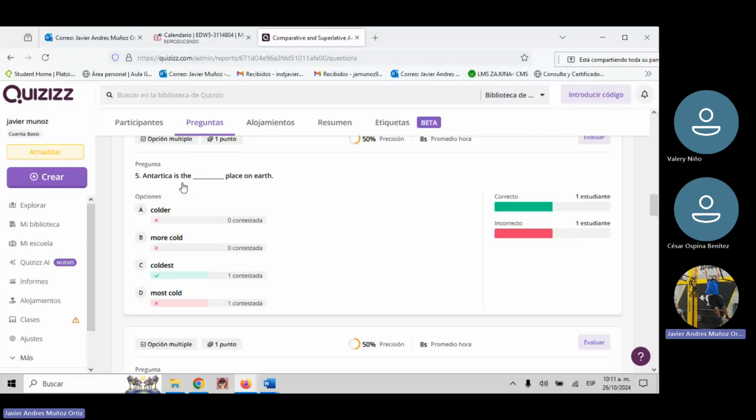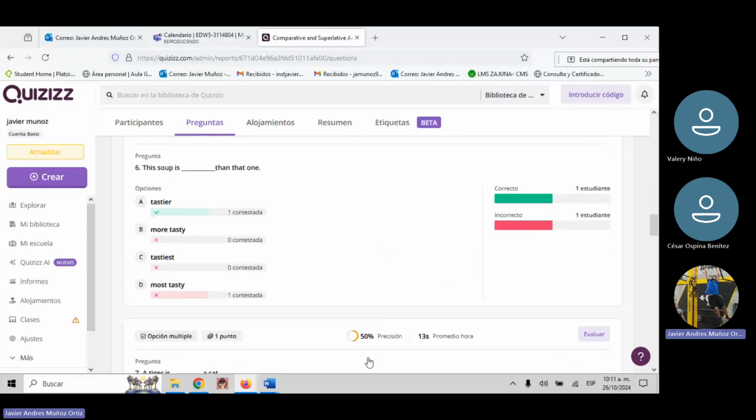So we are using a superlative, and this is okay. But cold has one syllable. We cannot say most cold, right? Because it has one syllable, we modify the word by adding est: coldest.